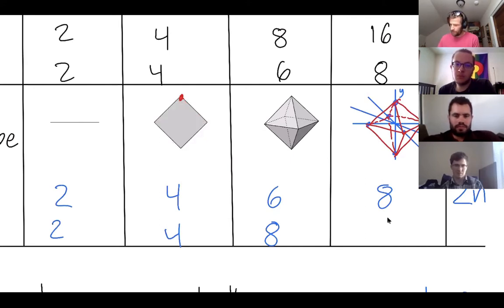So in 2D, what we had was the square, and then you suspend it by adding a point above and below and connecting everything to the new points, coning over the top and coning over the bottom. All right. So if I wanted to draw this 4D cross-polytope, I'm going to get rid of my w-axis and put it somewhere else.